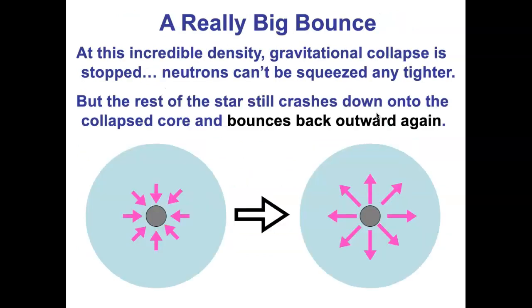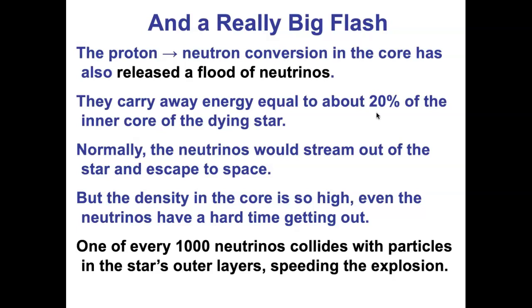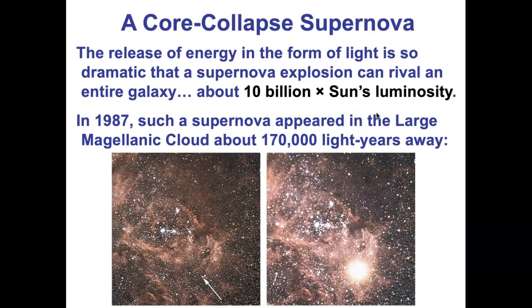Those neutrinos then collide with the gas, and that punch of energy delivered by the neutrinos causes the whole rest of the star to explode. This is what a supernova is. A supernova is where the outer layers of these high-mass stars explode at the ends of their lives.